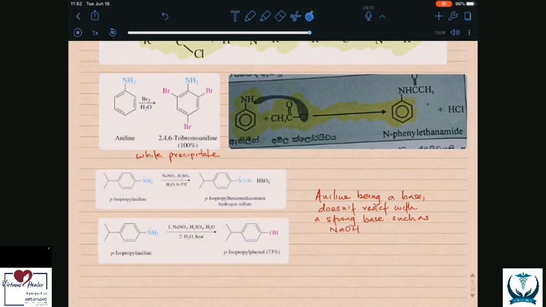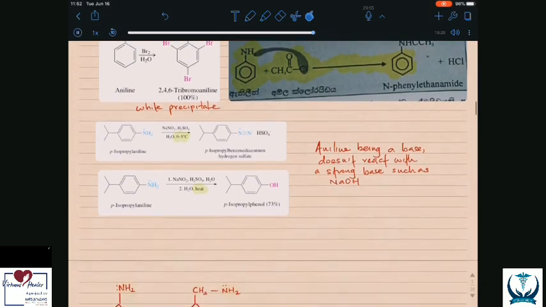The reaction of aniline with nitrous acid prepared in the form of NO2 and H2SO4 occurs under two conditions to produce different results. First is at a temperature of 0 to 5 degrees Celsius, and the second is at a higher temperature. In the first case, diazonium salt is produced. In the second case, phenol is produced.